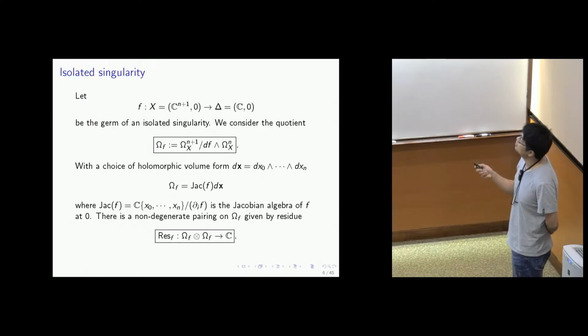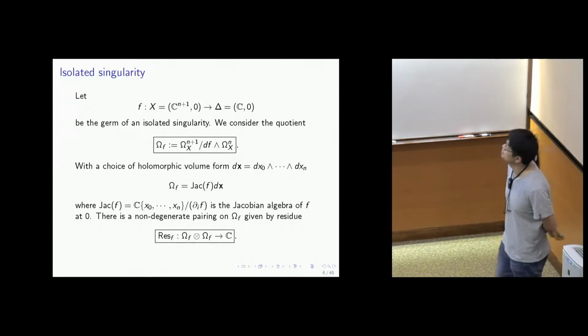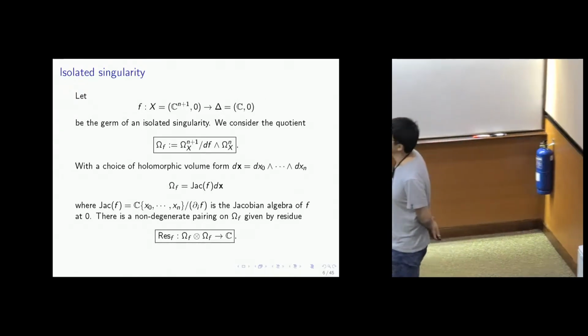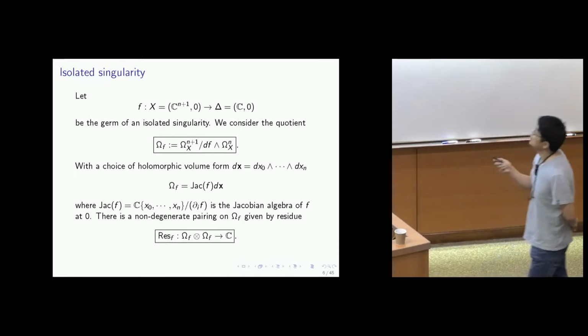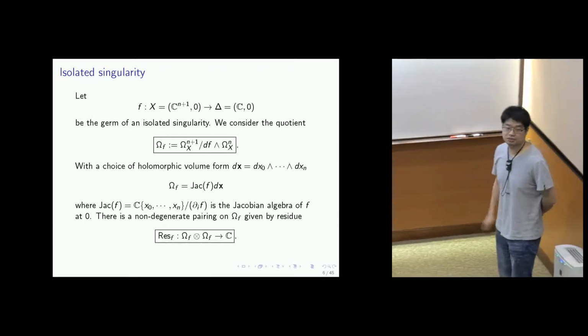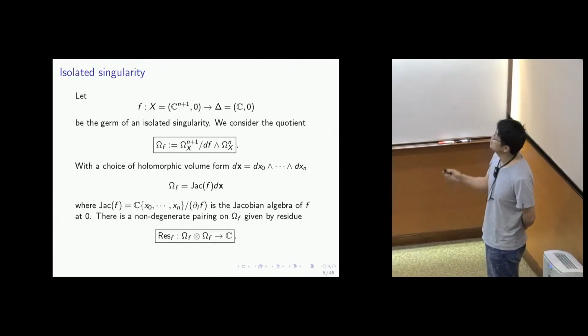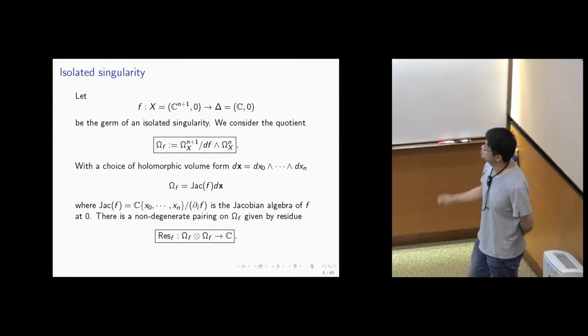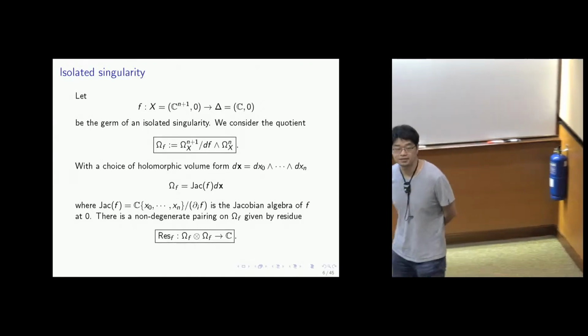If you choose a holomorphic volume form, for example the trivial one, you can identify the space with the Milnor ring, the Jacobian ring of this function. This captures a lot of information about deformations and so on. In particular, there is a non-degenerate pairing on this space given by residue. This residue pairing plays the role of Poincare duality.